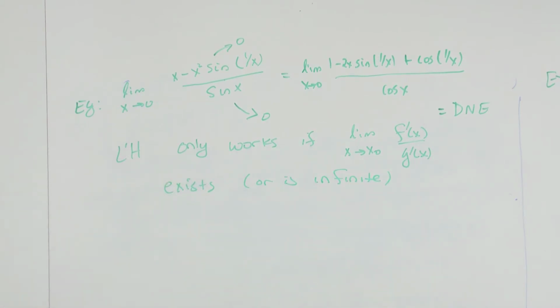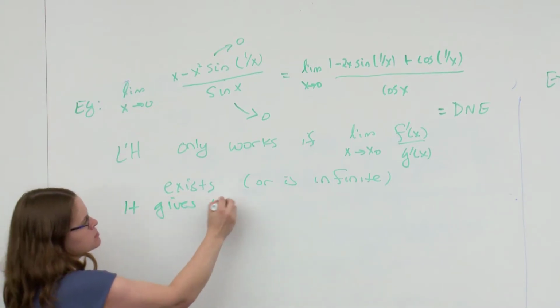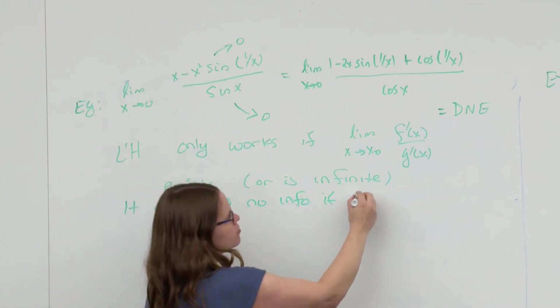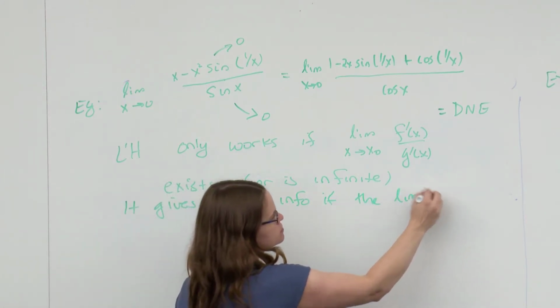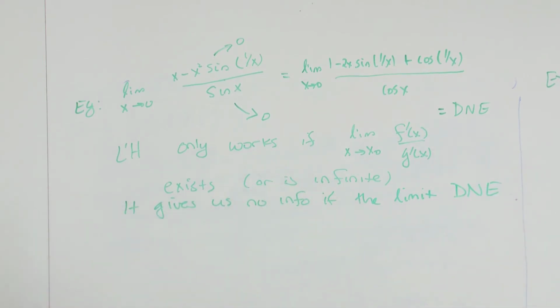It tells us nothing about what happens if that limit doesn't exist. So this is my warning. Whenever you want to use a theorem, definitely use the theorems that we've already proved in class, because you don't want to prove everything from first principles every time. But make sure the theorem applies, right?